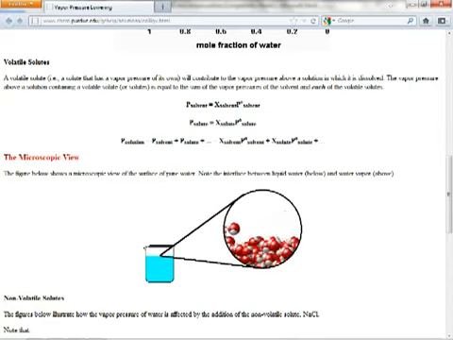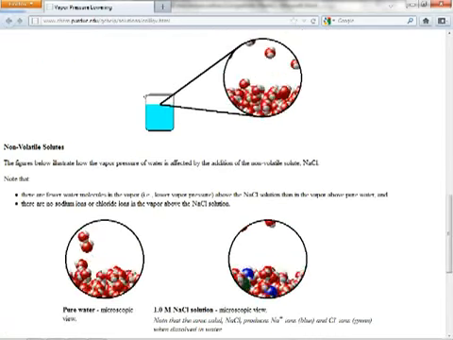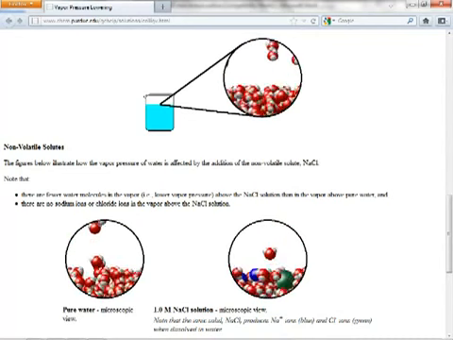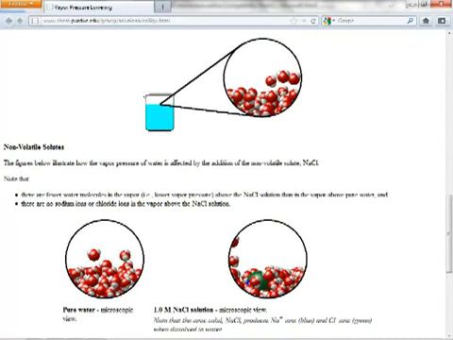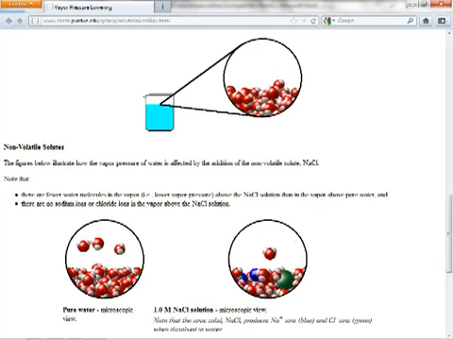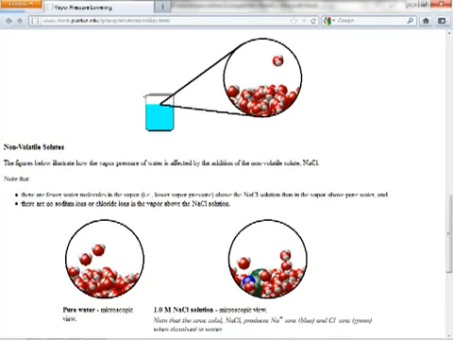All it does is block the water from getting out. So there'll be less of it in the vapor phase, and in that sense the vapor pressure should go down. I don't think the animation is that good, but you see these little green and blue balls on the right-hand side, and there's supposed to be less water getting into the vapor phase, so it lowers the vapor pressure.